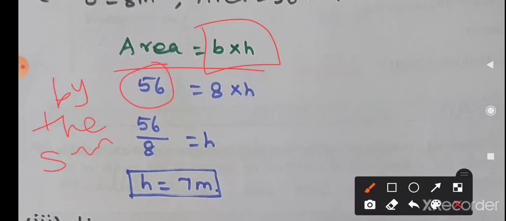B is equal to 8, height is unknown. Then 56 by 8. 7 8s are 56. H is equal to 7 meter.